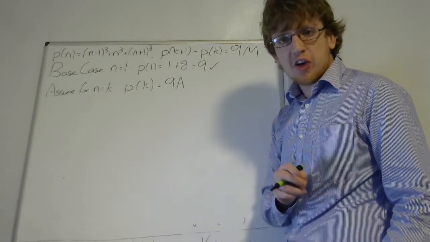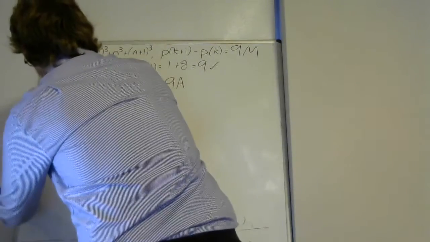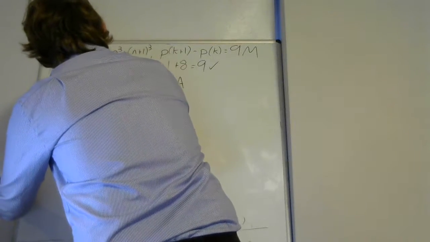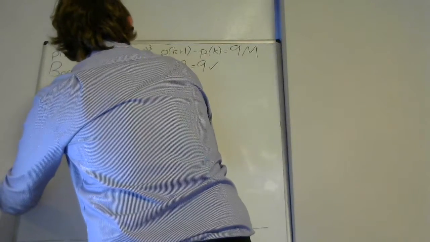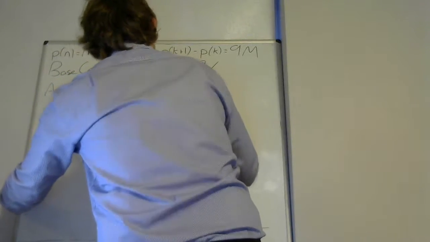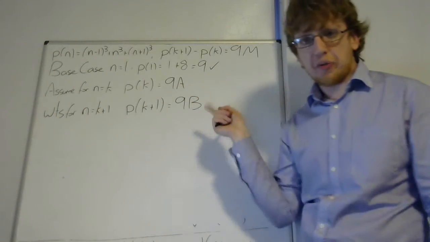Now I want to show for my induction that this is true for the next number up. So I want to show for n is equal to k plus 1 that P of k plus 1 is also a multiple of 9. Let's call it 9b. So this is my assumption, and this is what I want to show.